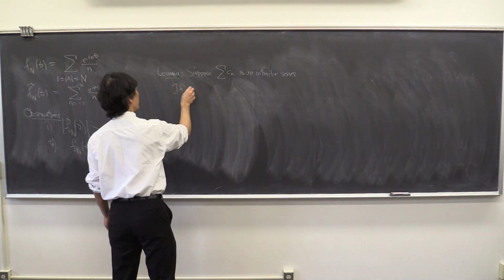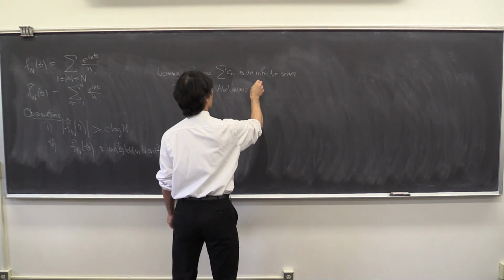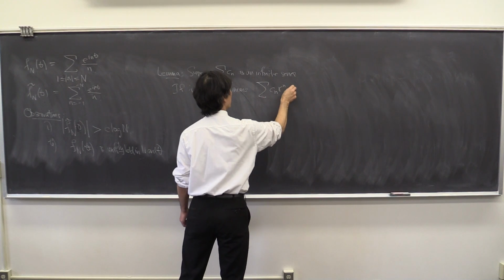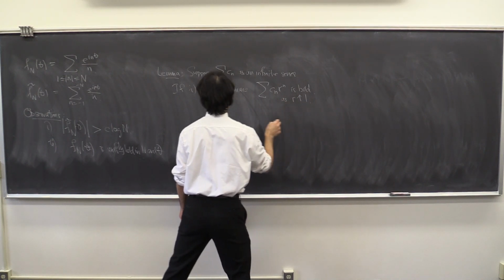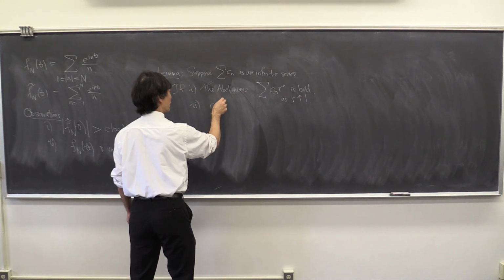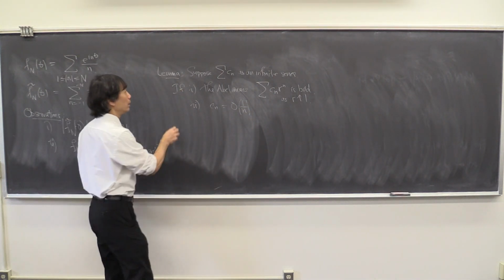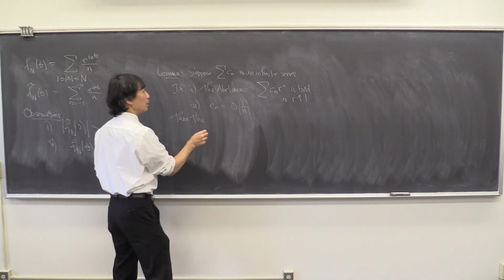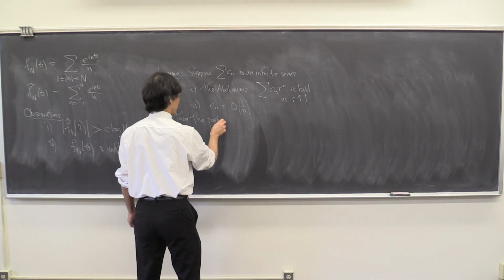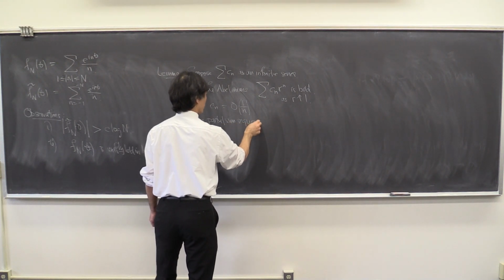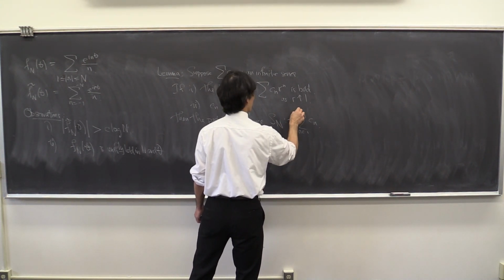If 1, the Abel means, the sum of c_n r^n, are bounded as r goes to 1, and 2, the coefficients are of order 1 over n as n goes to infinity, then in fact the partial sum sequence S_n of the c_n's is bounded.